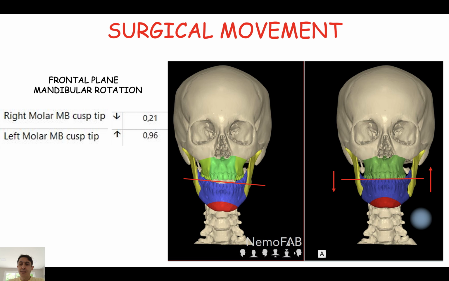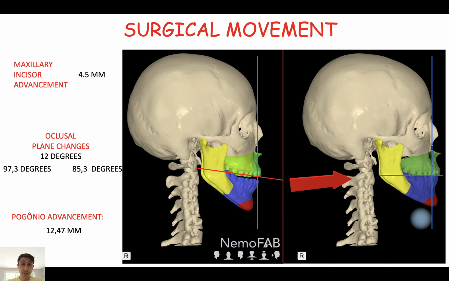In the frontal view yet, you can observe the correction of the mandibular rotation in the frontal plane, and that correction was obtained by a differential movement in the vertical direction, with the left molar going up and the right molar going down. In the sagittal view, you can observe the maxillary incisor advancement is 4.5 millimeters.